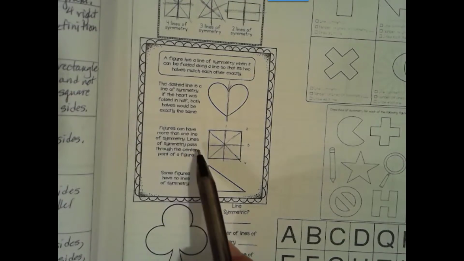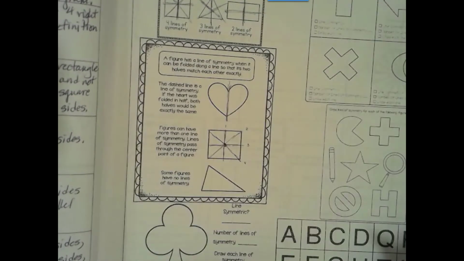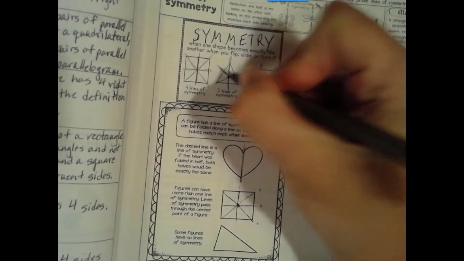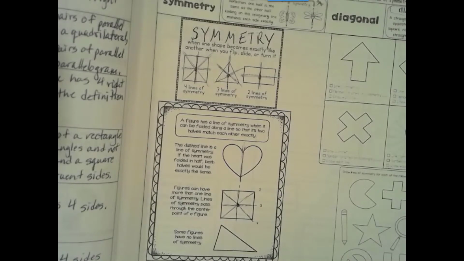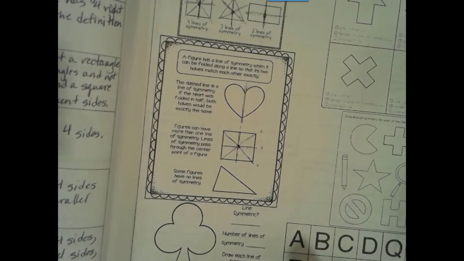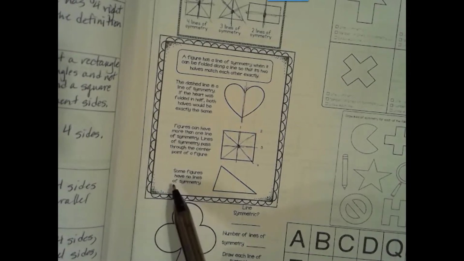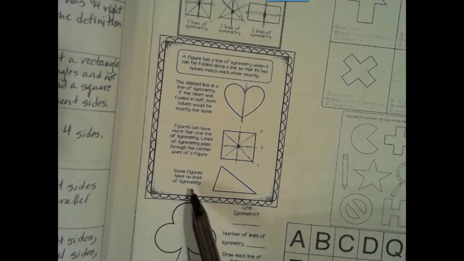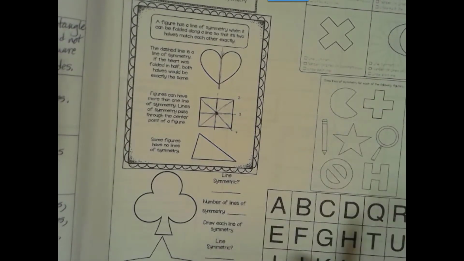Lines of symmetry pass through the center point of a figure. So if you notice, they all cross in that center point. Same as up here, we have them crossing at a center point for those shapes. And then here, like the scalene triangle, some figures have no lines of symmetry. You have to have some sides that are equal or congruent to be able to get a line of symmetry.